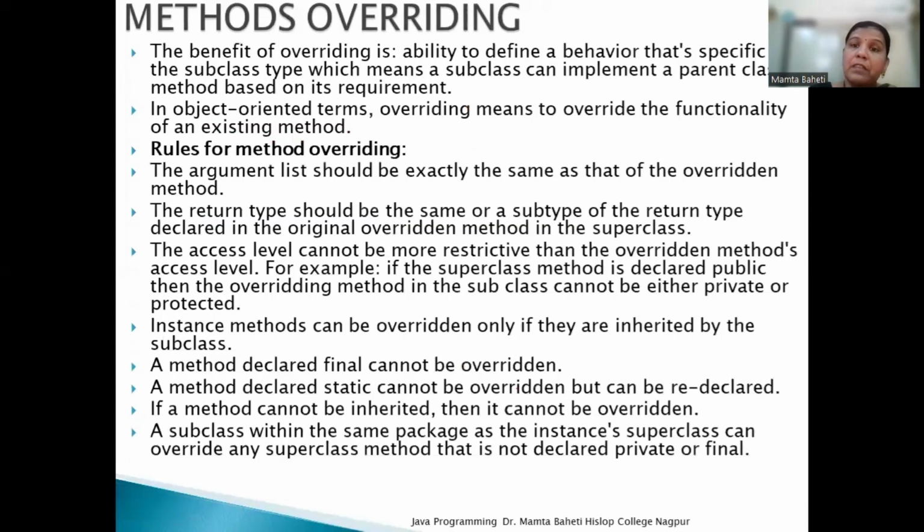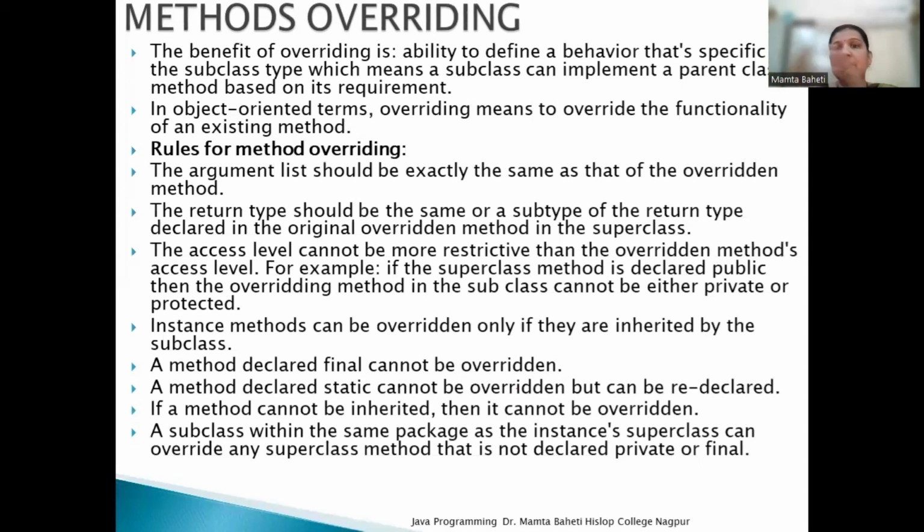Now next is method overriding. What is method overriding? You are declaring a method somewhere and you are providing the functionality of that method somewhere else. Means you are declaring a method in a superclass, and originally it is there in the superclass.